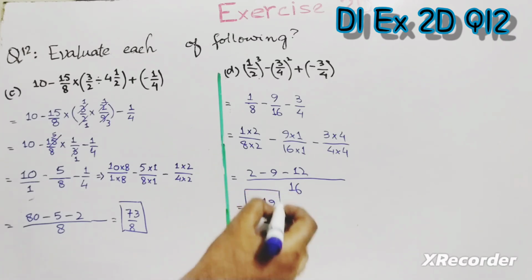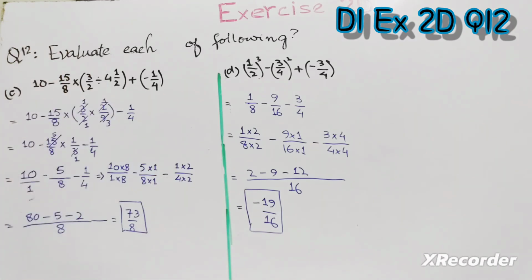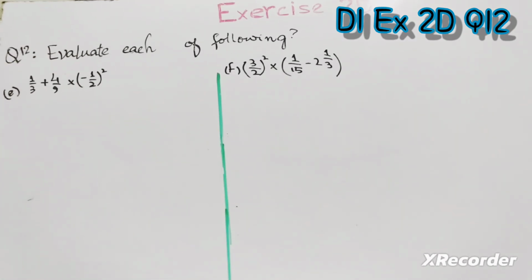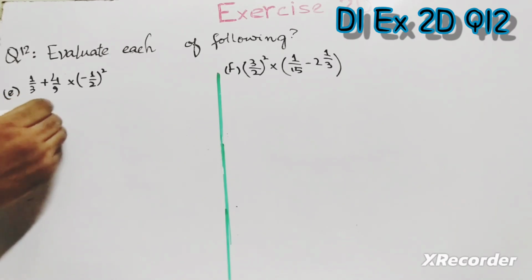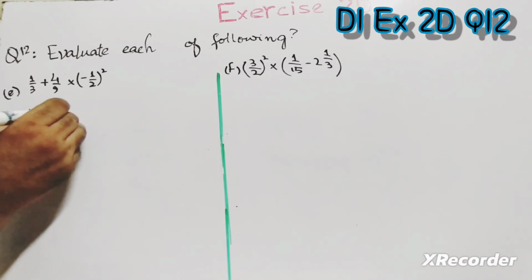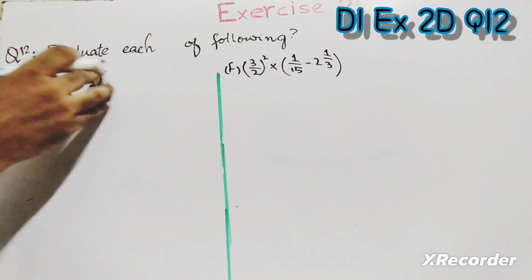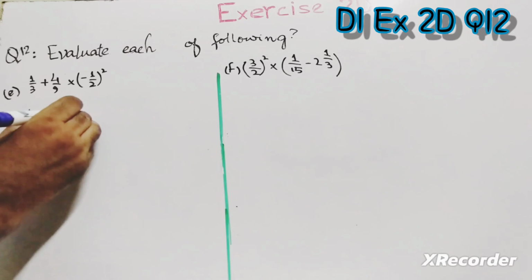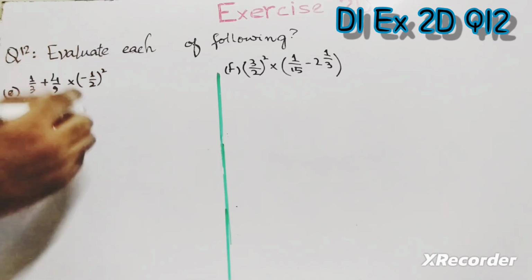That is our required answer. Now moving forward to part E. Let's start. 1 upon 3 plus 4 upon 9 multiply. Square of minus 1 is 1. Square of 2 is 4.